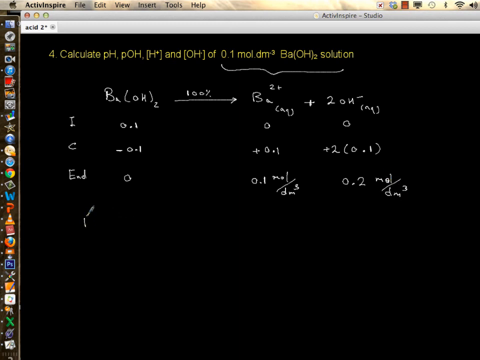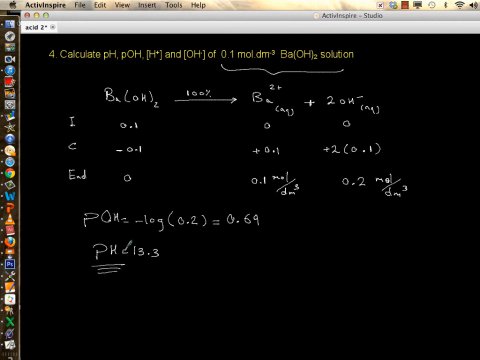Now we can calculate pOH, which is negative log of OH, in this case 0.2, and the number is 0.69, and pH is 14 take away that, which is 13.3.